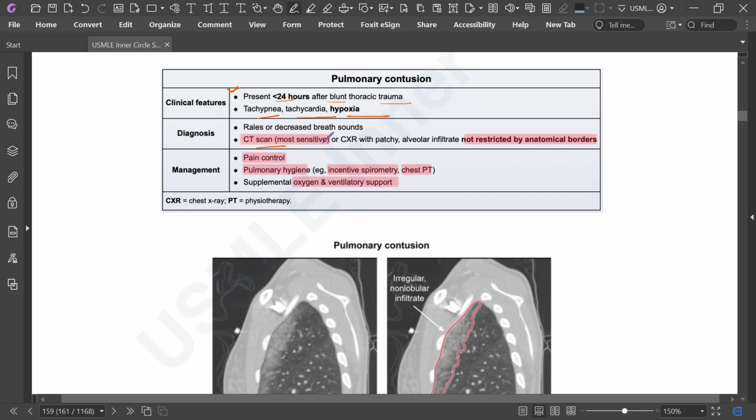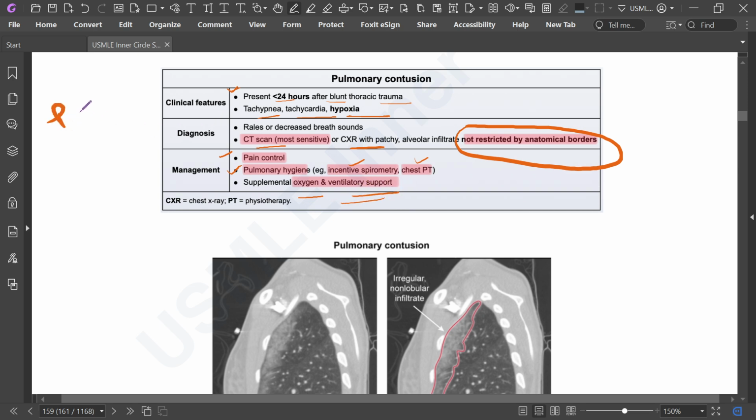CT scan is more sensitive. Chest X-ray shows patchy alveolar infiltrate not restricted by anatomical borders. Treatment: pain control, pulmonary hygiene with incentive spirometry and chest physiotherapy, supplemental oxygen and ventilatory support.